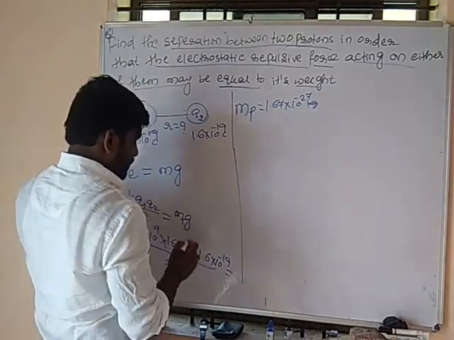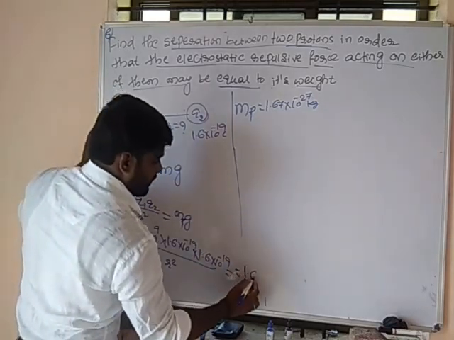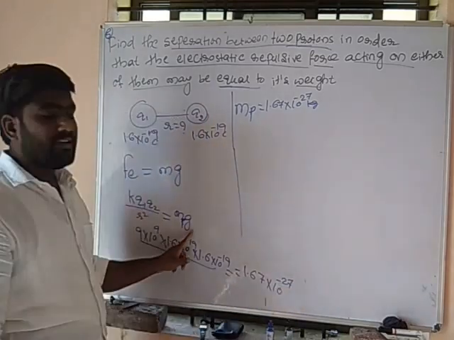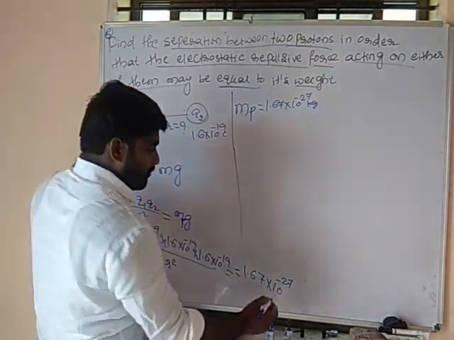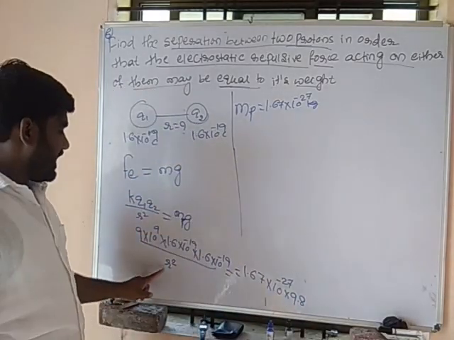The mass of the proton will be 1.67 into 10 to the power minus 27. The value of G we know, it will be 9.8. Then how can R square be written?